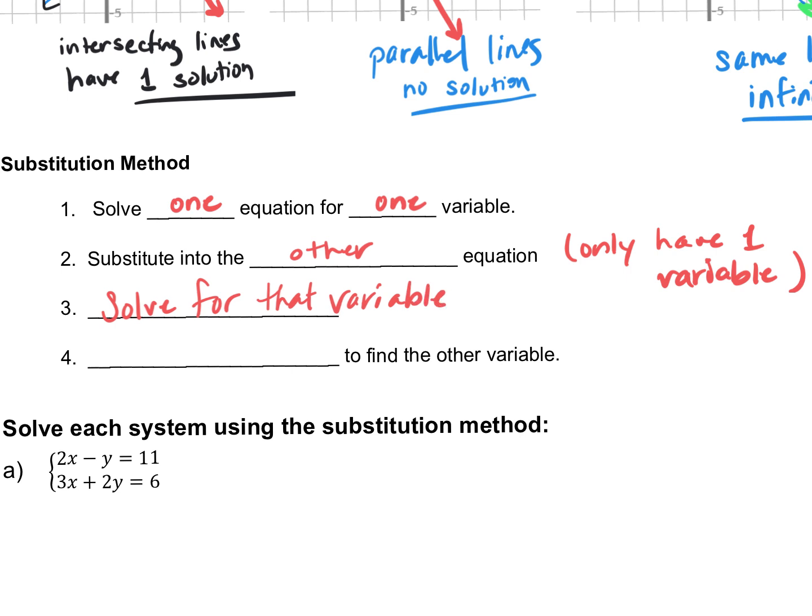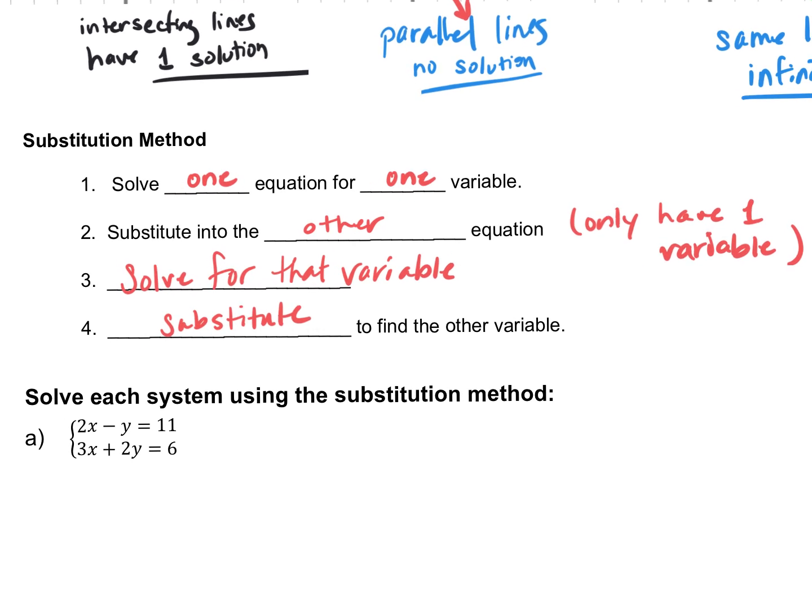And then lastly, substitute to find the other variable. Does this ring a bell? This will take time and space. I just want you to know, okay? So understand that when we get to that part, just make sure that you are ready for it.